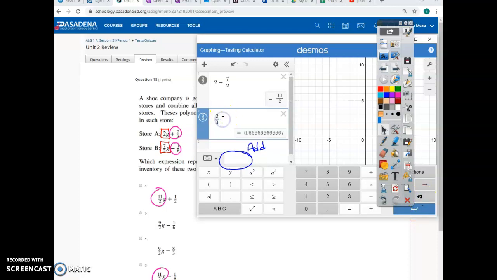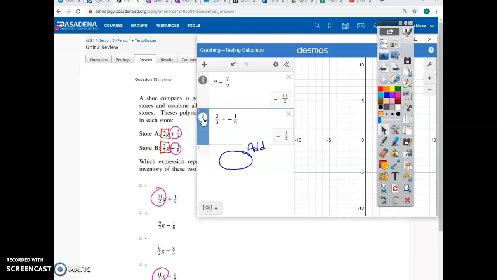Arrow over, plus negative 1 divided by 6. Again, hit the little button, and it gives you the answer, which is positive 1/2. So there's your answer, okay? I need you to finish the rest of the problems, turn it in, and let's see what you would get on the test if this was the test, okay?